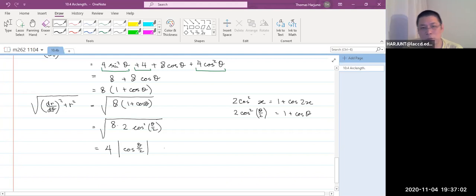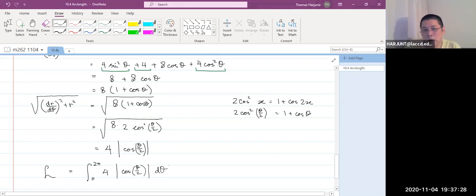Don't forget this one. 8 times 2 is 16. Square root of that is 4. But square root of something squared should be with absolute sign. Now the arc length, therefore, equals the integral from 0 to 2 pi of 4 absolute cosine theta over 2 d theta. That's what it's supposed to be.